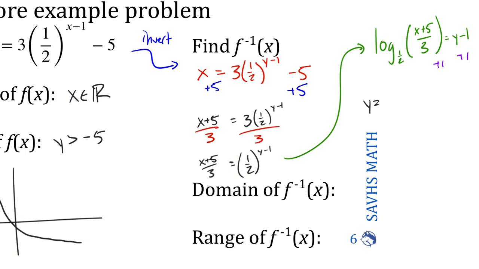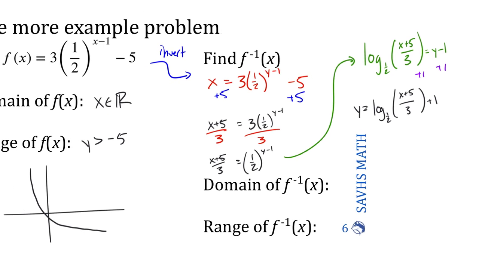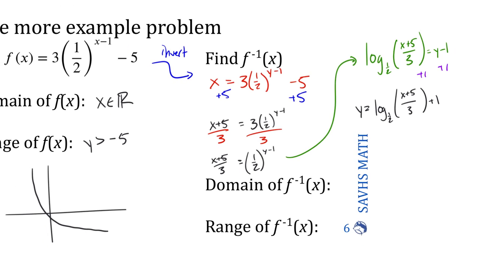So we're going to say y equals log base 1/2 of (x plus 5) over 3, and then plus 1 at the end. Okay, that is f inverse. So we're going to label it as such. F inverse of x equals log base 1/2 of (x plus 5) over 3, plus 1.